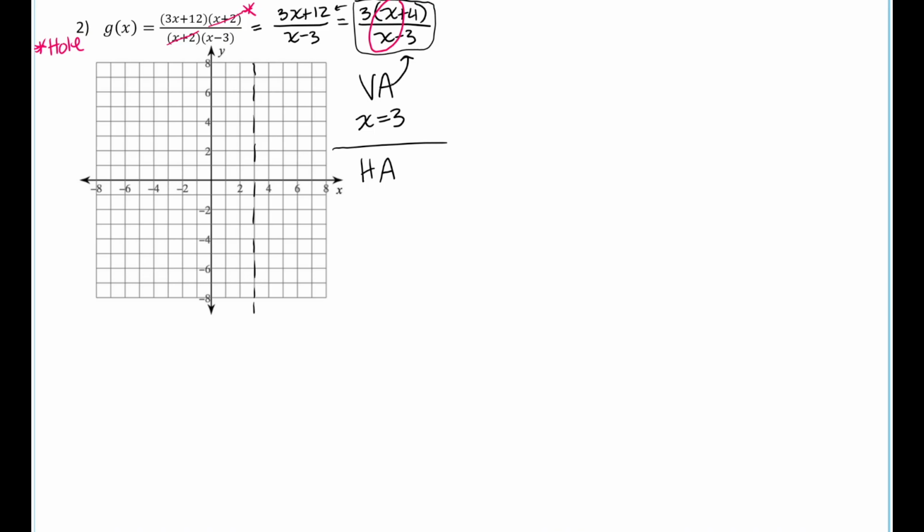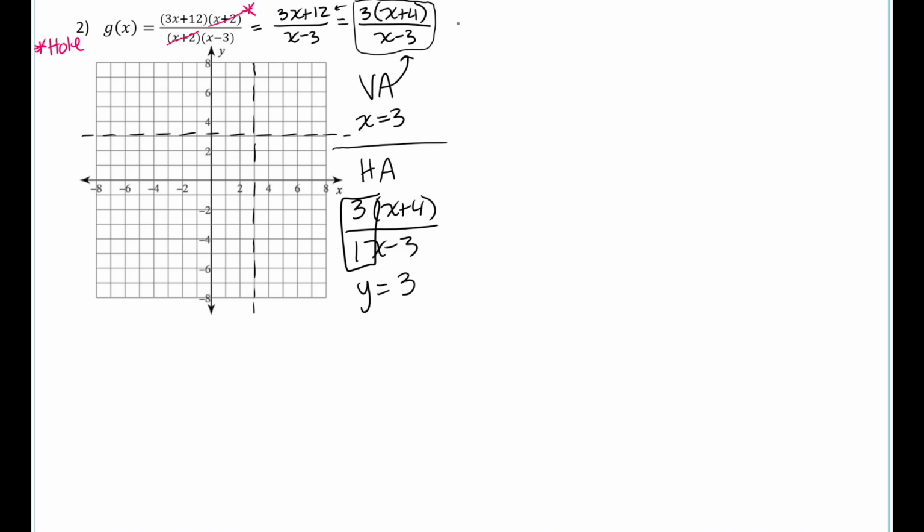However, this time the coefficients are not 1 and 1. I'm going to rewrite the equation here, 3 times x plus 4 over x minus 3. We have 3 over 1. So the horizontal asymptote is y equals 3 over 1, or y equals 3. So go to y equals 3, graph a line.